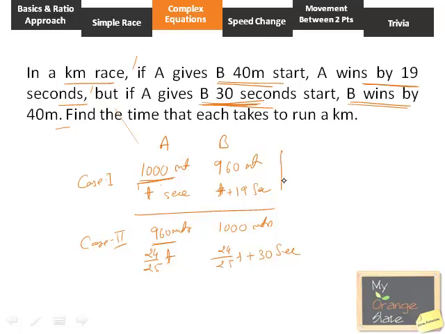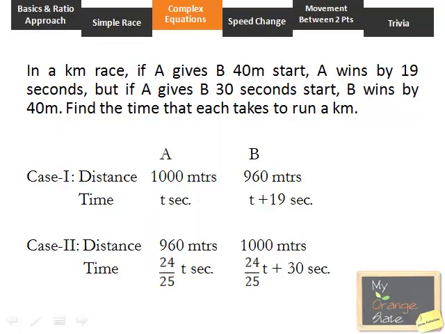Now by equating speed of B in case 1 with that in case 2, we can find the value of t. So what we get here is t seconds for A to cover 1000 meters, t plus 19 seconds for B to cover 960 meters, 24 by 25 t seconds for A to cover 960 meters, and 24 by 25 t plus 30 seconds for B to cover 1000 meters.